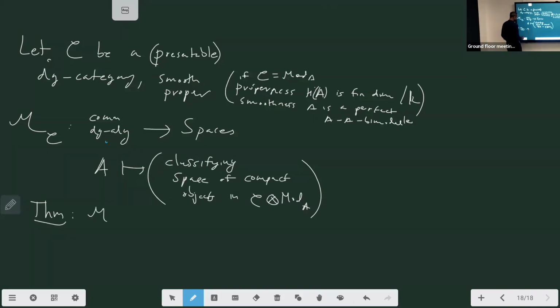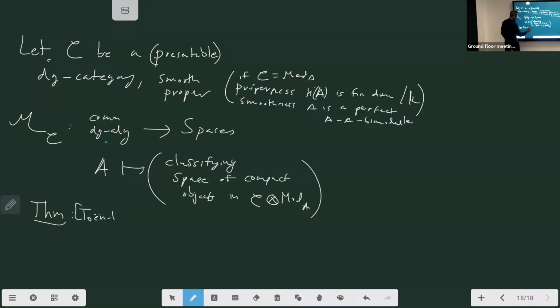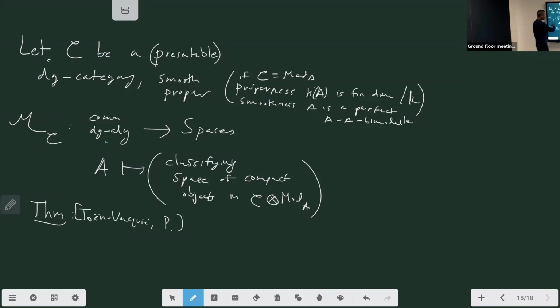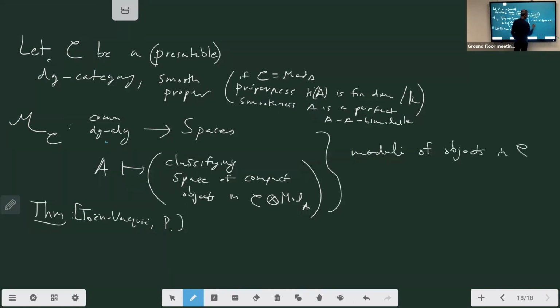So the theorem is that M_C, this theorem is first proved by Toën and Vaquié, and I gave a different proof later, in this special case. Their theorem also applies to not smooth and proper but something called finite type. But I should say, what is this moduli space? This moduli space is the moduli of objects in C, which you should think of as the moduli of branes.